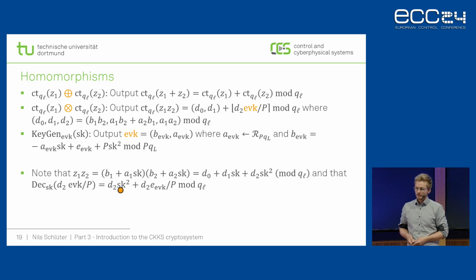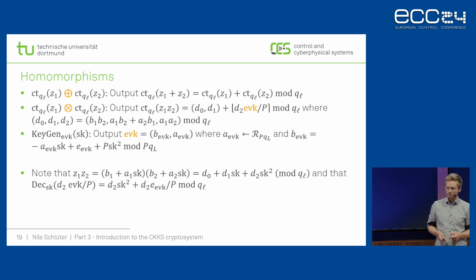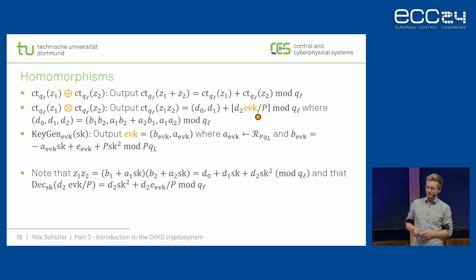And this gives you the extra term in this SK squared fashion that you need in order to have the correct decryption, while not explicitly having it in here in the ciphertext.